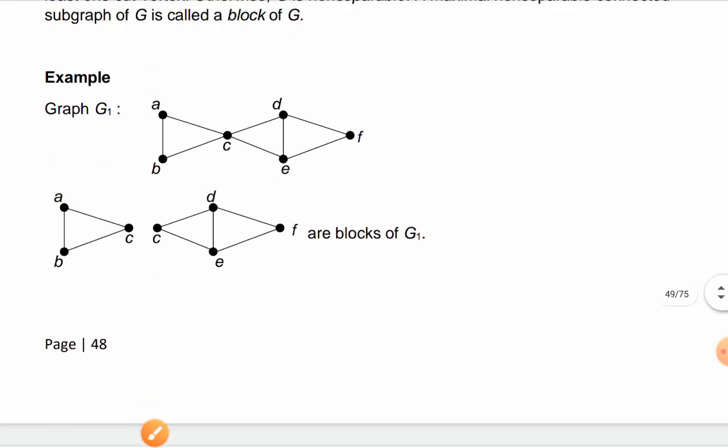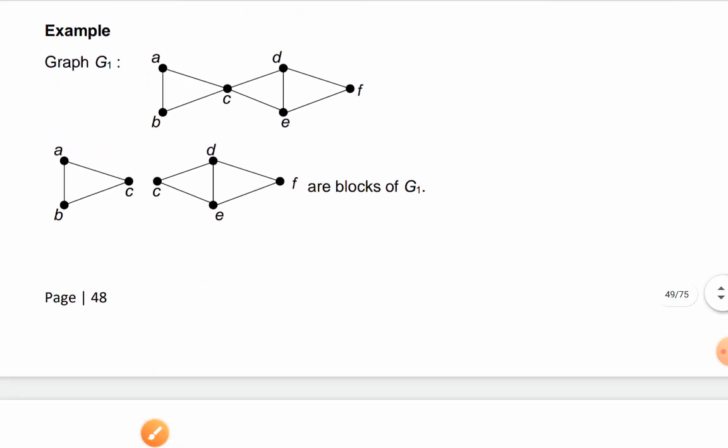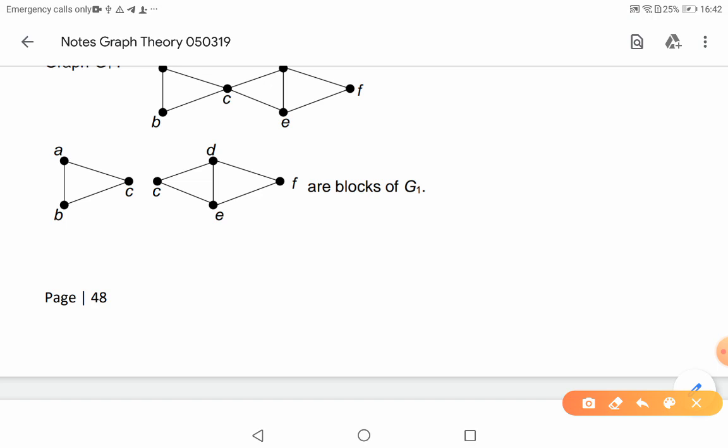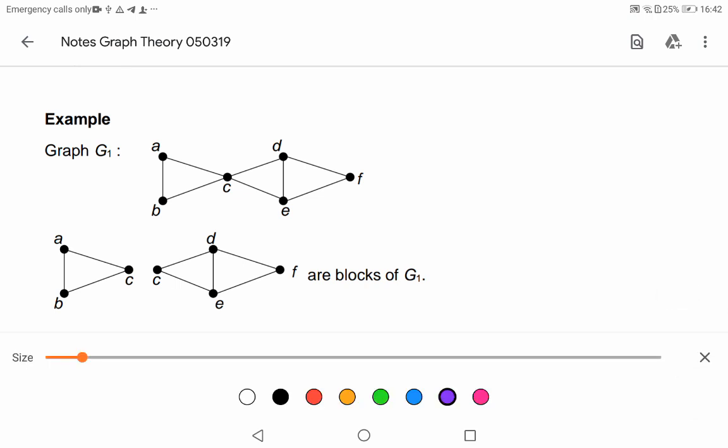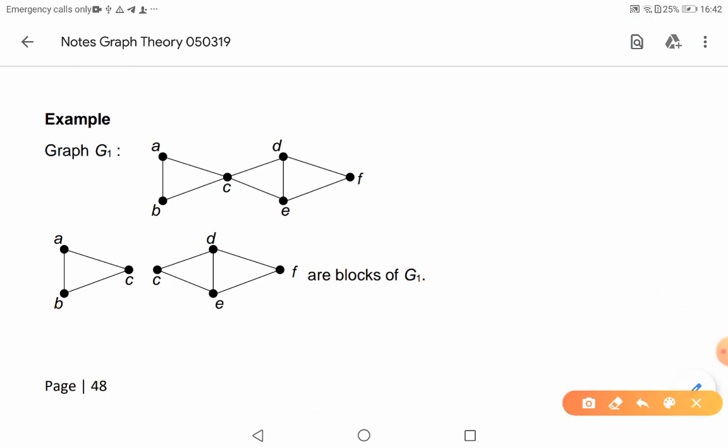Given the example graph G, where is the cut vertex of this graph? We can see that C is the cut vertex.